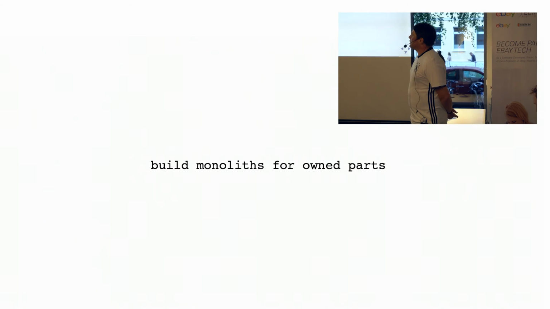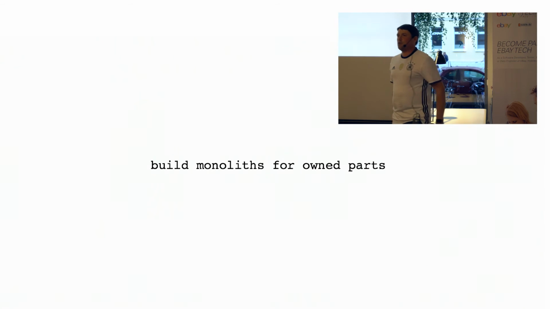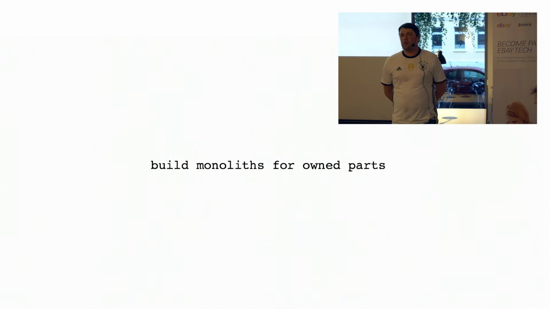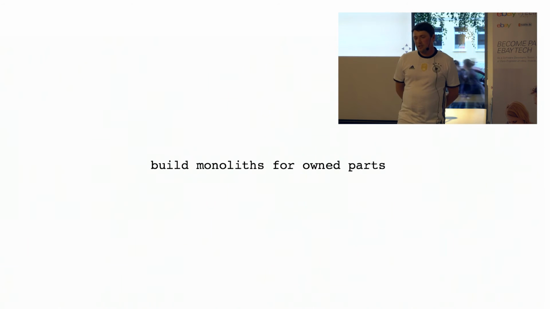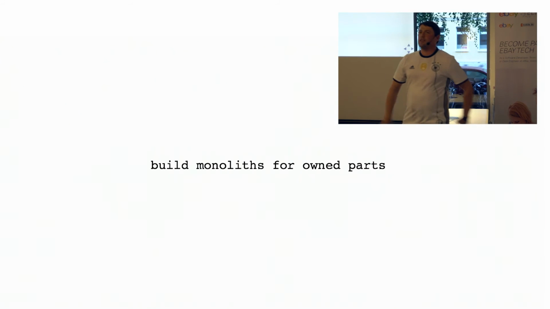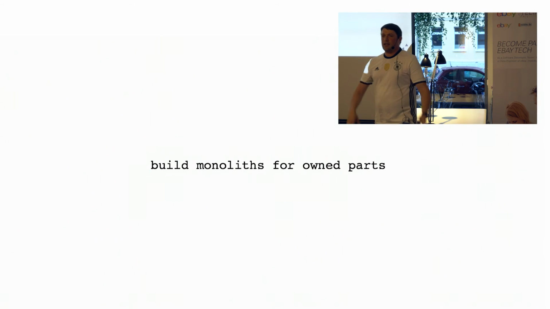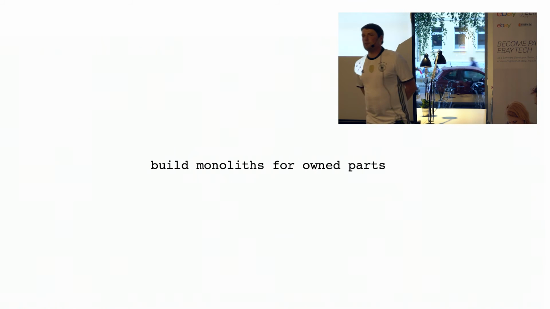And for new stuff where no business ownership exists, it's still valid to build services. And all the investment you did in being very good at building services will make you faster for the future. But consolidating your system by bringing stuff together again and building monolithic architectures, at least for some of the services or for some of the business domains, is not a bad thing.